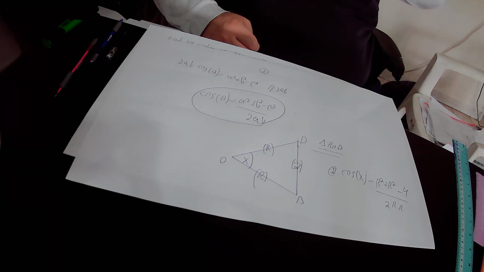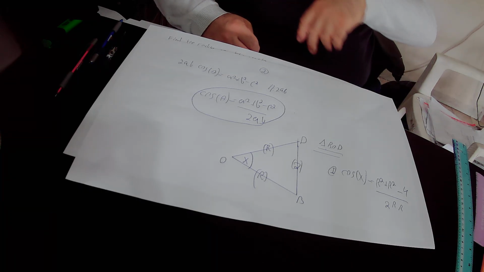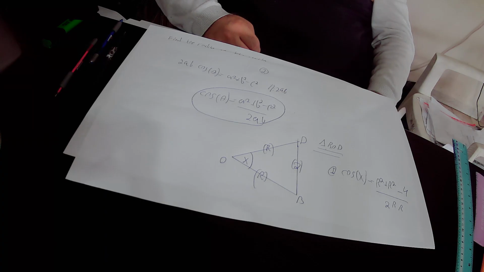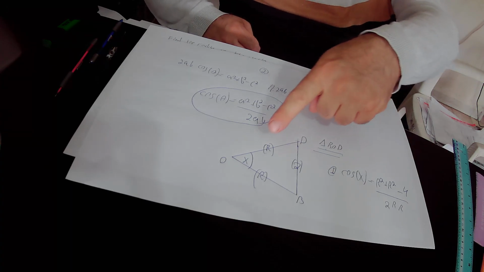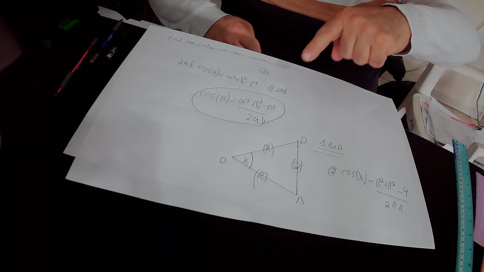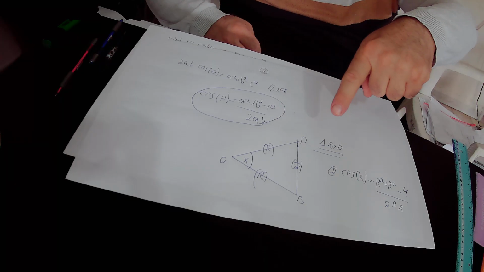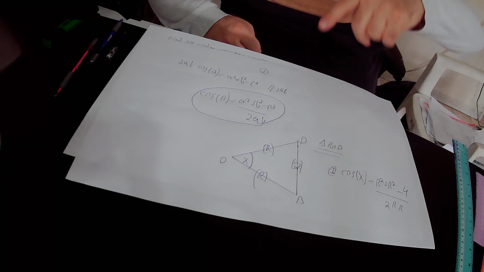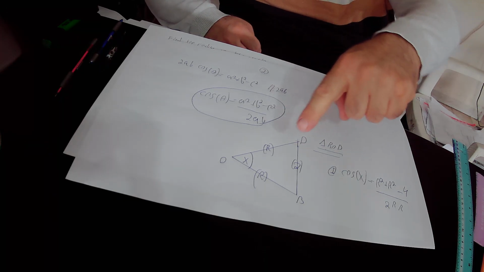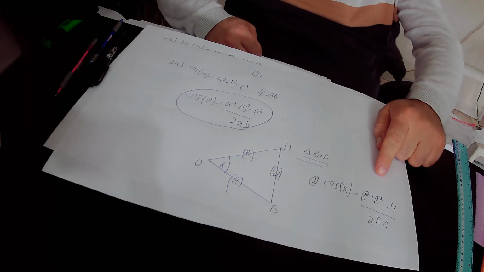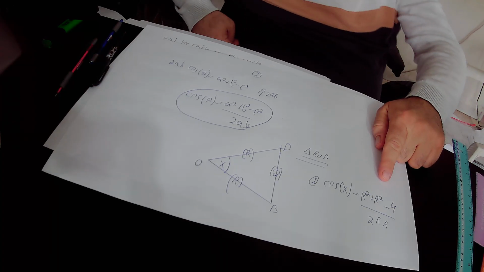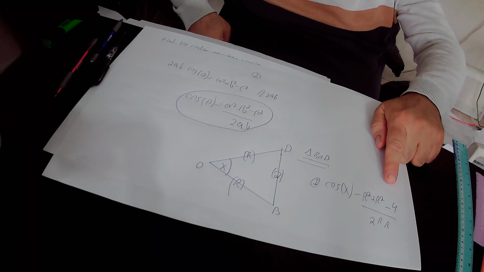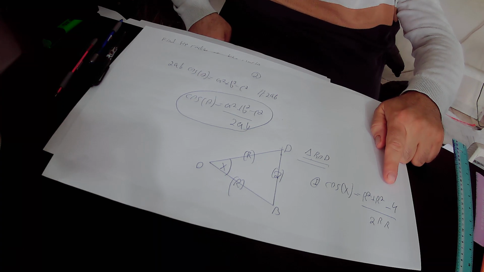According to the law of cosines, cosine x equals r squared plus r squared minus 2 squared over 2 times r squared.